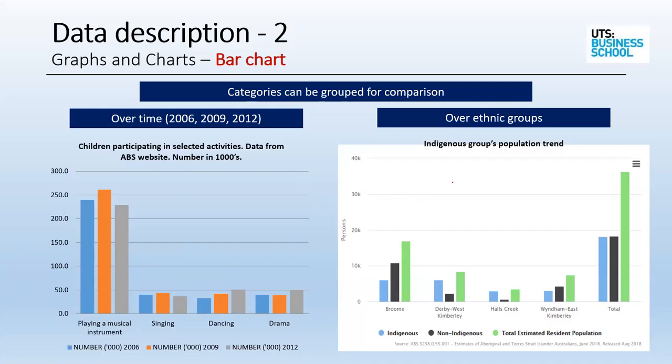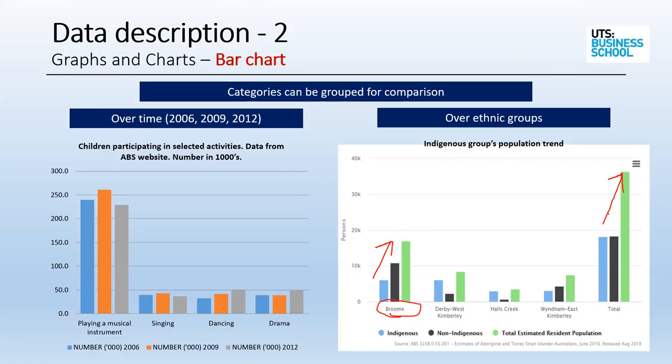So here, just another key insight I want to illustrate is that when you are comparing categories in a bar chart, you can see the trends not only within a time period or within a location. For example, this is the indigenous population trend in different areas. Within Broome, it is increasing, and overall it is increasing.